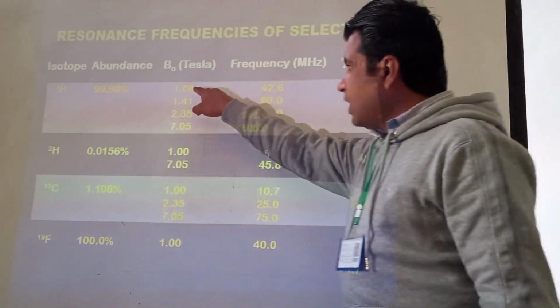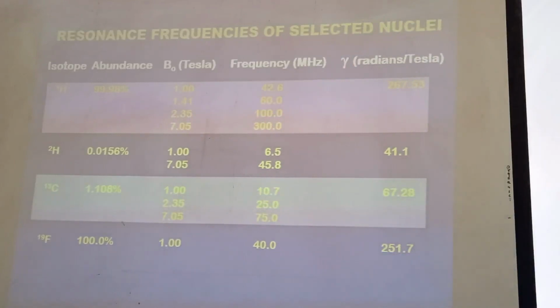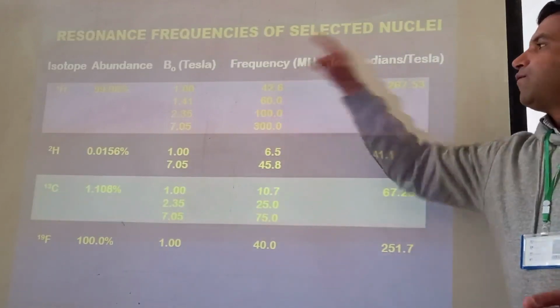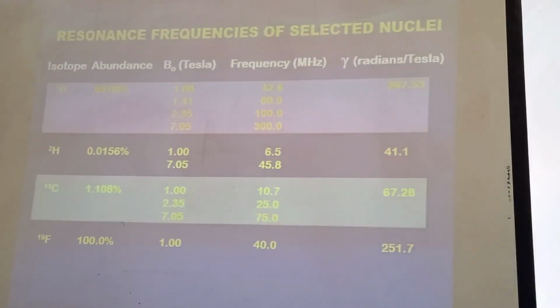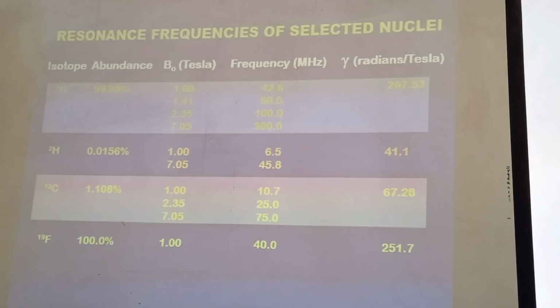Now, if we have a magnetic field equal to 1 Tesla for proton, its Larmor frequency would be 42.6. Again, this is ideal, when there is no interference, no induced magnetic field, no electron density that interferes with the applied magnetic field, right? At 1 Tesla, the Larmor frequency of proton is 42.6 megahertz.